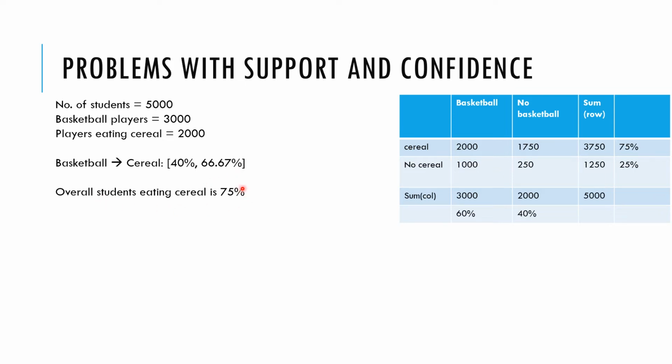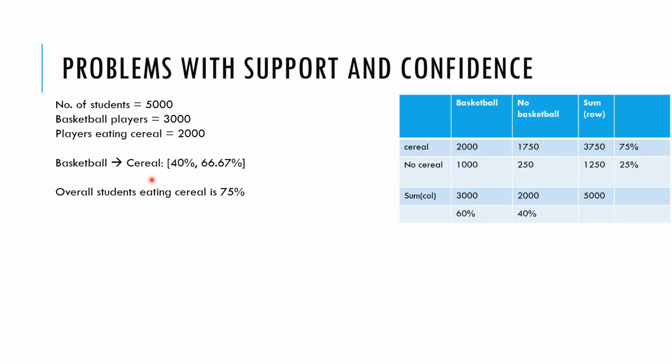But overall, students eating cereal is 75%, and this confidence is less than that. What we are trying to see is how many of the basketball players are eating cereal. That is what confidence gives us. Only 66% of the basketball players are eating cereal.